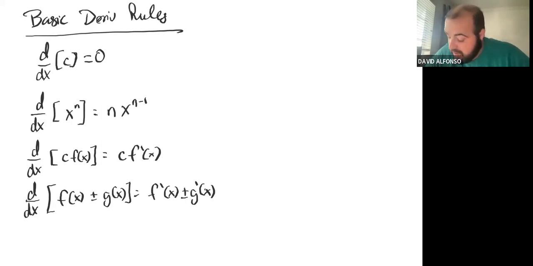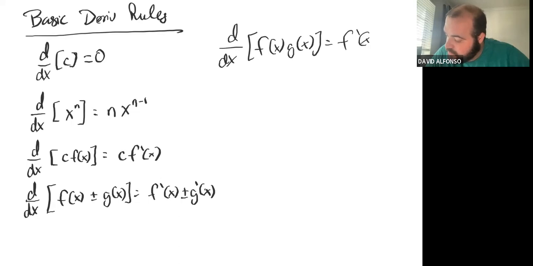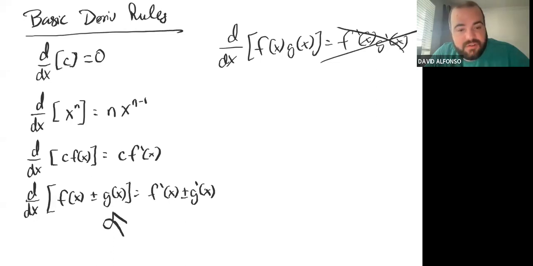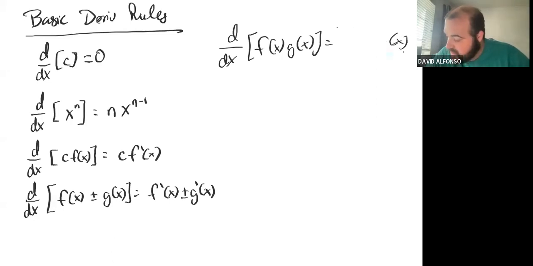Let me be very clear, because I still see it happen: when people see a product, they say this is equal to f prime times g prime. No, this is wrong. You cannot distribute a derivative when you multiply or divide. You can only do that with addition or subtraction.